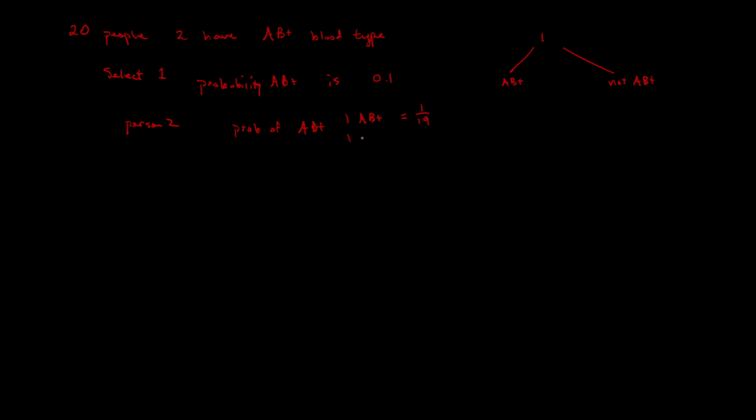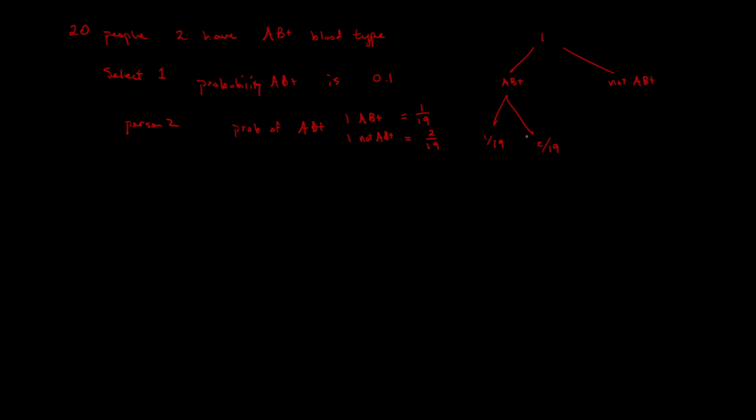If person 1 is not AB positive, then that's equal to 2/19. That's the probability that we have for the next person. If person 1 is AB positive, then we have this whole thing for person 2 where I've got either a 1/19 chance or a 2/19 chance.